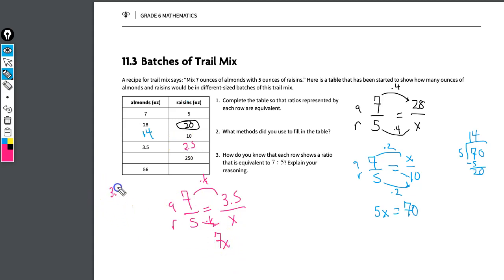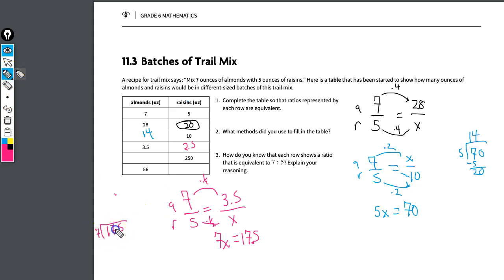Or you can do cross products here, which would be 7x, and then I'll do 3.5 times 5. 5 times 3 is 15, 16, 17. Oh, don't forget the decimal. Boom, right there. So then you do 17.5 divided by 7. Get that out of the way. Made a huge mess.